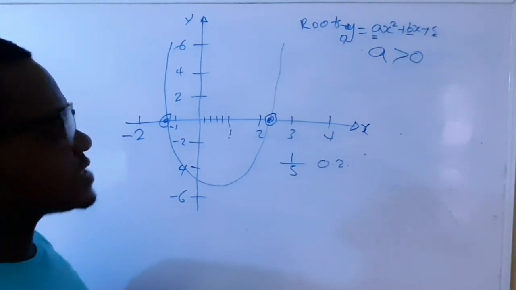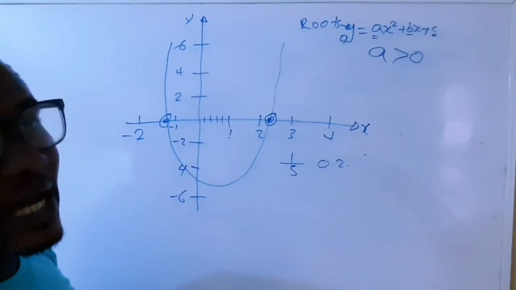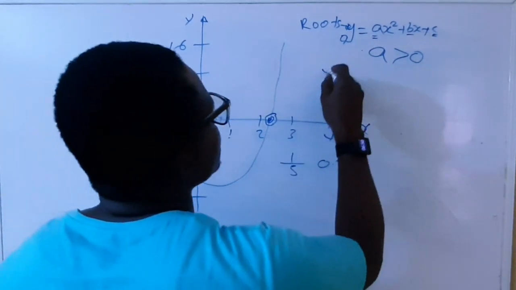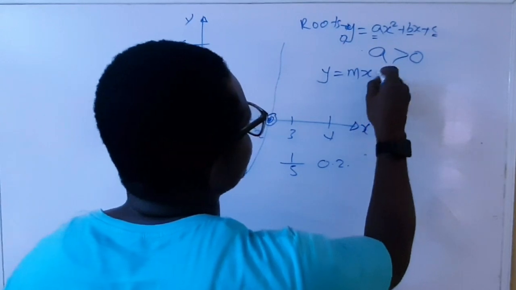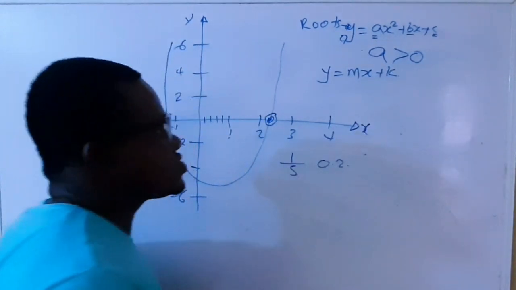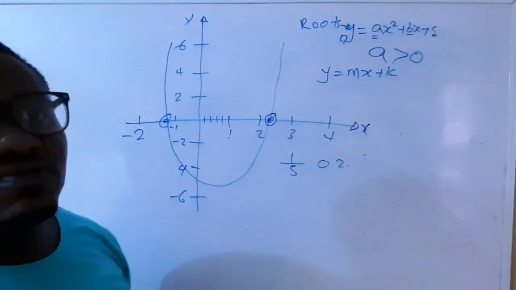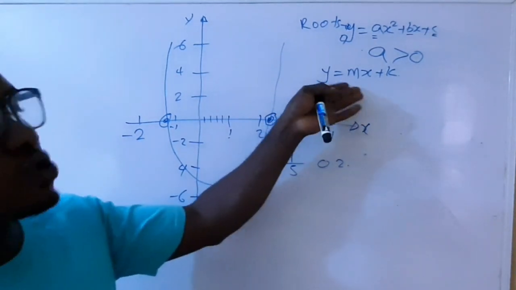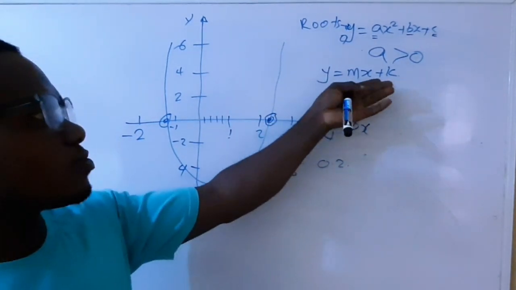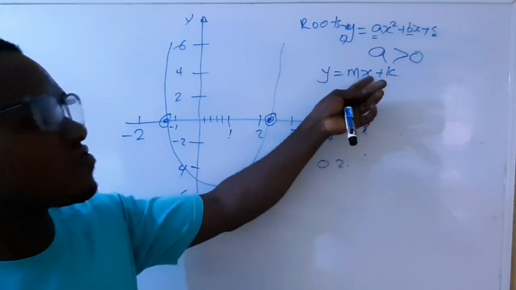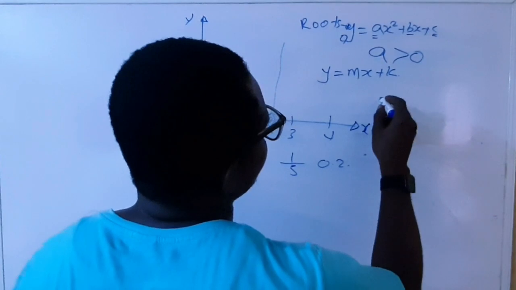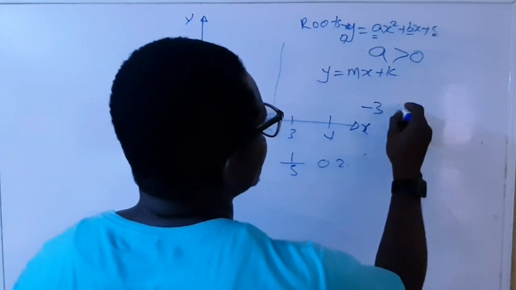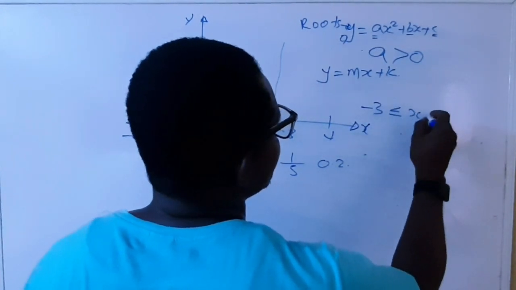Let's say you are given another linear equation of this form, y equals to mx plus k. Because there's no square, it will give you a straight line. Then from your table, you pick the values of x. Just pick 3 values. Let's say we have a range of -3 less than or equals to x less than or equals to 2.